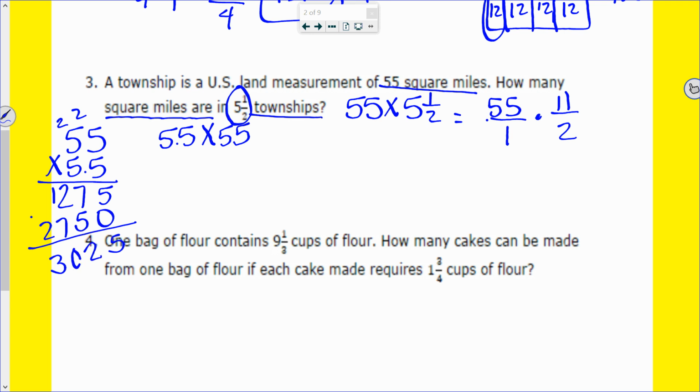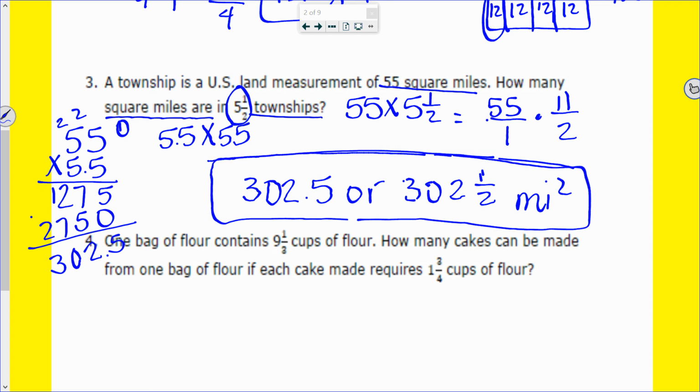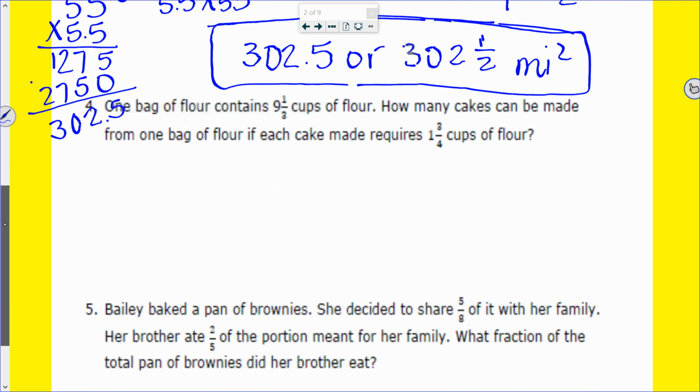Miss C made a math error. 302, so 3,025 with the 1 decimal needing to go back in. So you end up with 302.5 square miles. Okay? So don't be afraid to use your fraction decimal conversions. It'll help you when solving these problems. We tell you guys this stuff for a reason, okay?